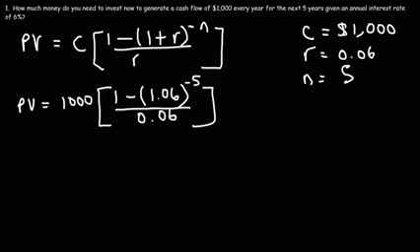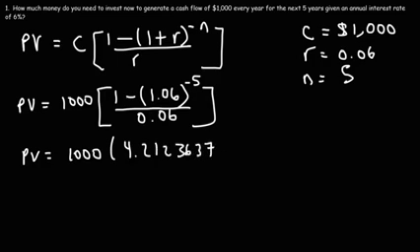Let's divide that by 0.06, and then you'll get 4.212363786. So multiplying that by 1,000 will give us the present value.